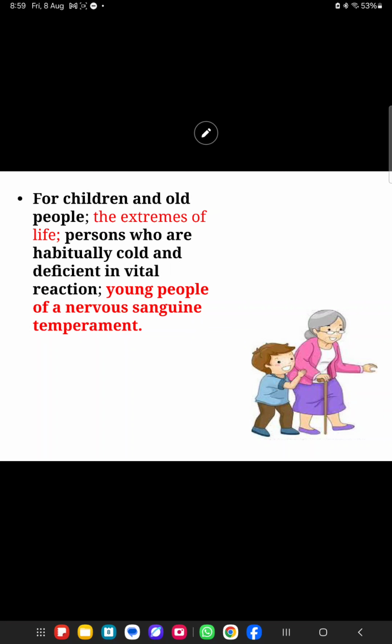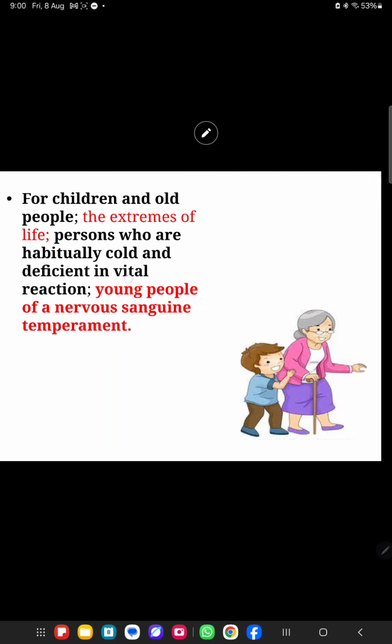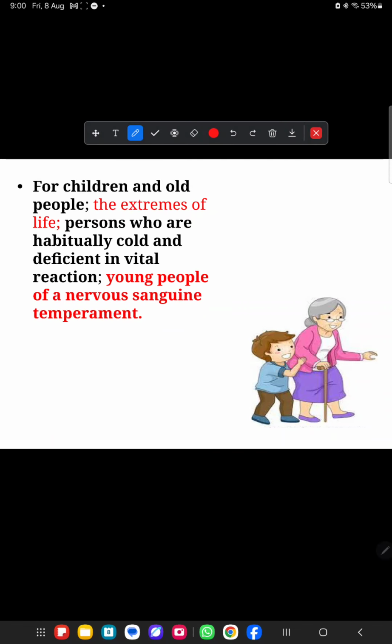Sanguine temperament is related with the blood. A plethoric congestion you will find, especially in young persons. Then we can think about this medicine. But it is written vital force or vital reaction deficient.